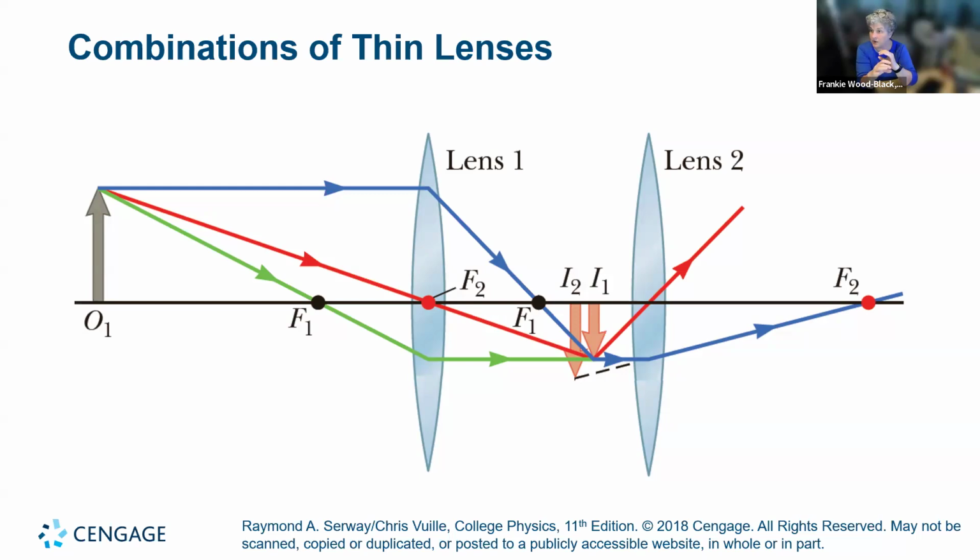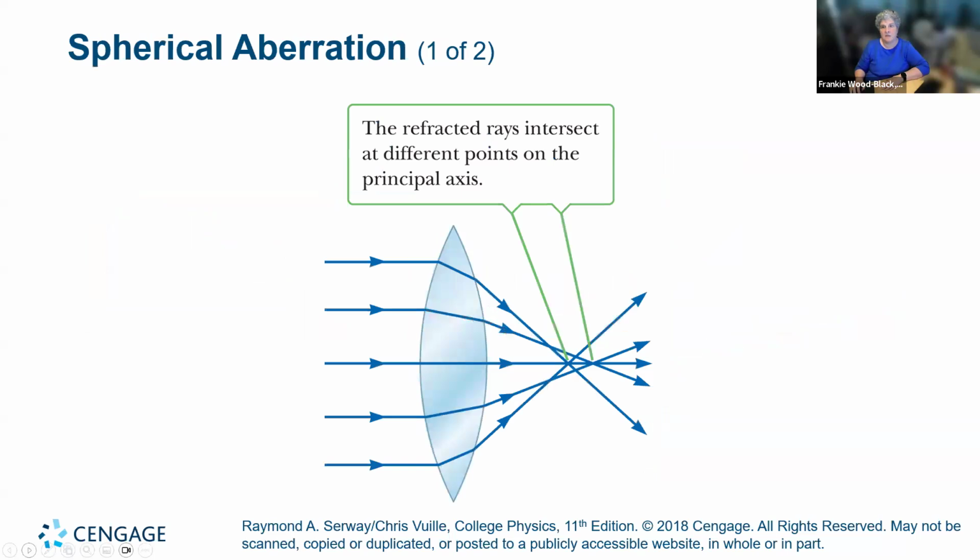Same with your microscope. You're changing those distances in order to, A, focus your image, and B, magnify the image. So that's why we have to worry about our combination of lenses, because those combinations give us our optical equipment.